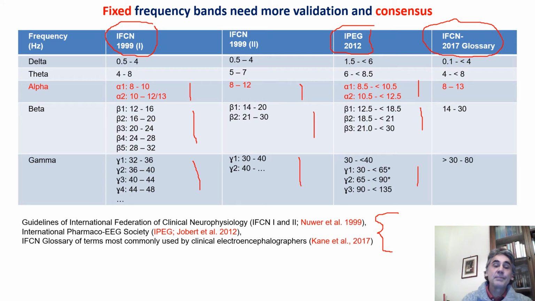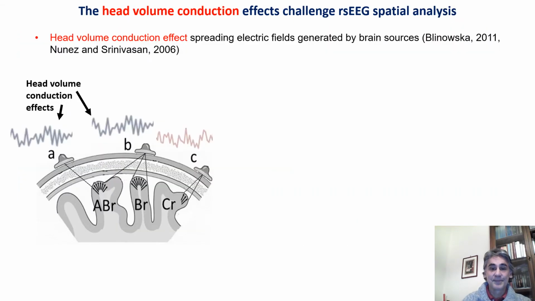So the use of fixed frequency bands remains an open issue in clinical neurophysiology and needs more discussion for consensus. The workgroup faced the issue of head volume conduction effects, challenging the spatial analysis of resting state EEG rhythms.